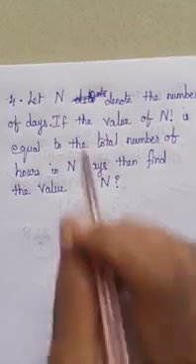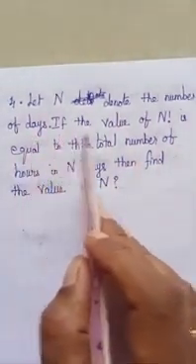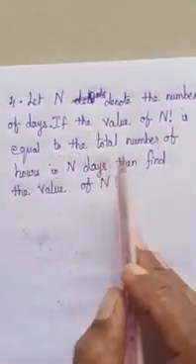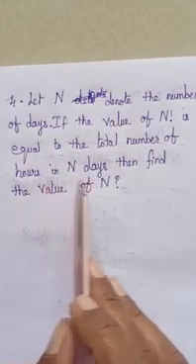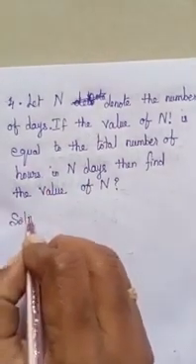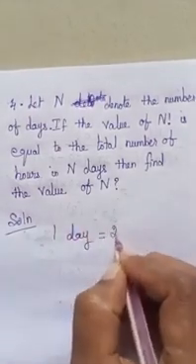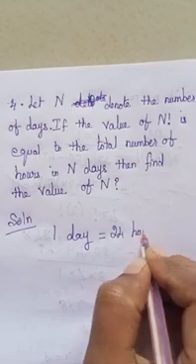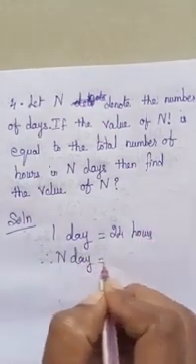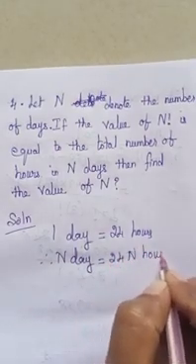Problem number 4. Let n denote the number of days. If the value of n factorial is equal to the total number of hours in n days, then find the value of n. We know that 1 day is equal to 24 hours. Therefore, n days will be equal to 24 into n hours.